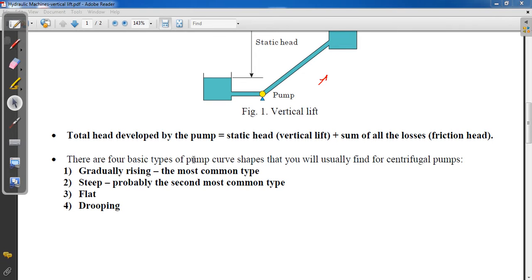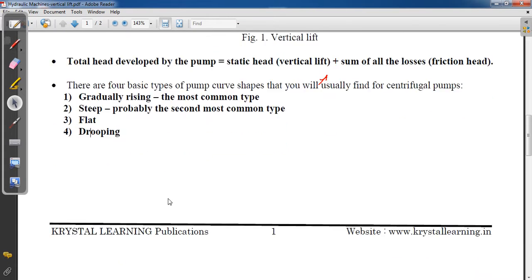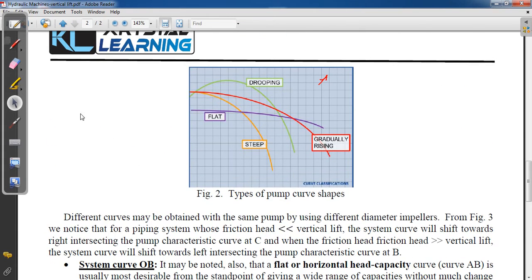Now let's see the various pump curve shapes which you find in a centrifugal pump. This is gradually rising, then steep, then flat, then drooping. Let's see the shape of these curves. Here it will be discharge, and here it will be head. These things will be studied in detail when we go through the theoretical lectures.